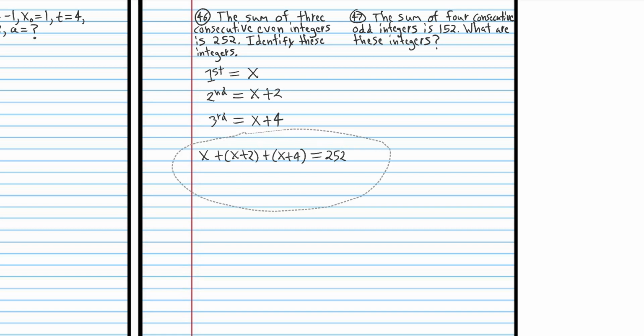Now, notice that I put parentheses on the x plus 2 and the x plus 4. The only reason I did that was to show you that those are individual terms. You actually don't need those parentheses. You see how the pluses are connecting the parentheses? When pluses connect parentheses, you can just get rid of the parentheses. So we're going to go ahead and get rid of those parentheses.